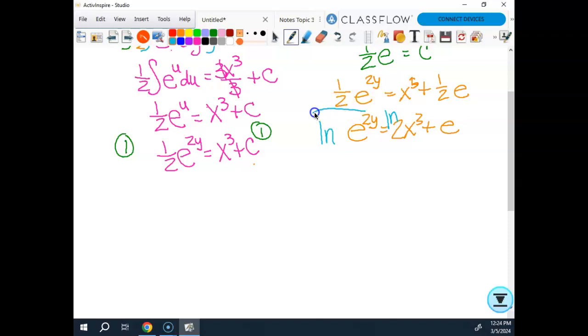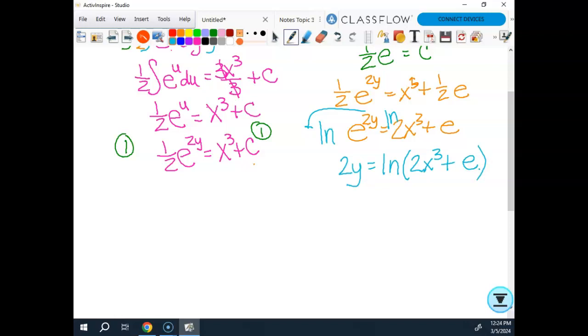It comes out front, right? And natural log of e is just 1. So I'm going to get 2y equals the natural log of 2x cubed plus e. I can't do anything with this. I know that the natural log of e is 1, but I cannot make this into a 1 at this point, because I can't split the addition there.